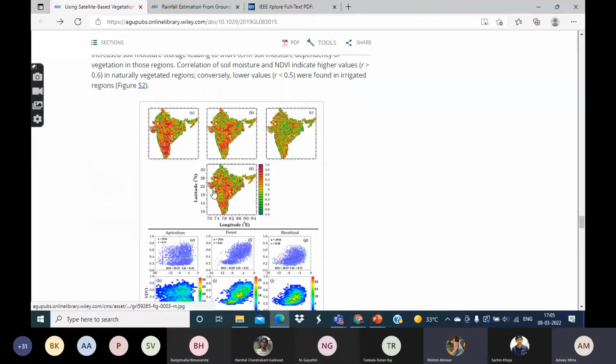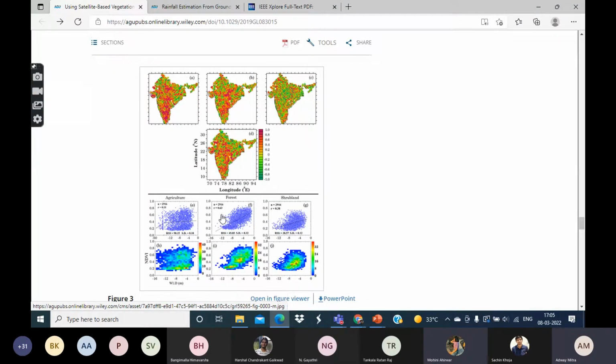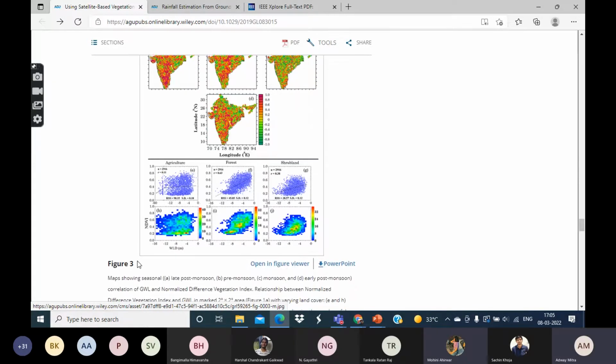Here they have shown at different locations how good their prediction is. Especially for different types of regions, agriculture, forest, and shrubland, they have shown the correlation between their estimates as well as the true measurements of groundwater level.